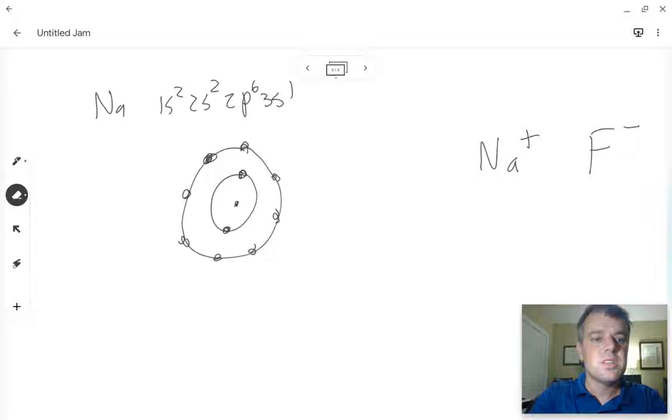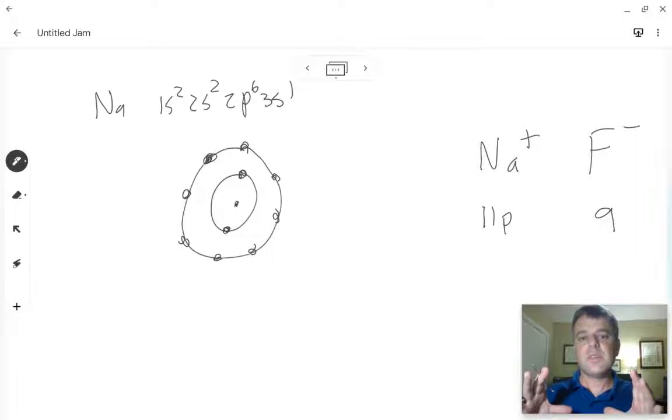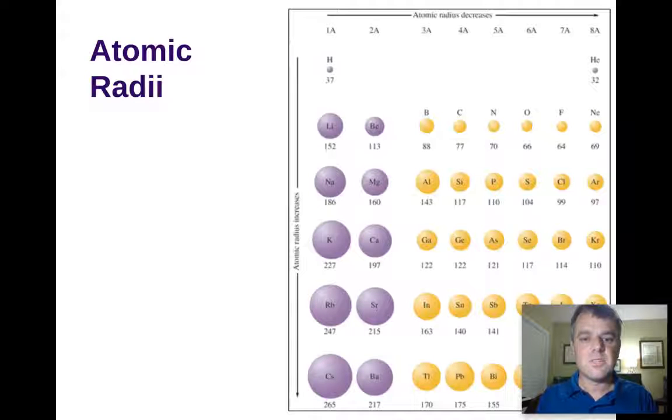Fluorine has this extra electron, or sodium has lost an electron. So they have the same electron configuration, but sodium has 11 protons in the nucleus. Fluorine only has 9. So that increased nuclear charge is going to pull those electrons closer to the nucleus. That's another little trend that goes with that.